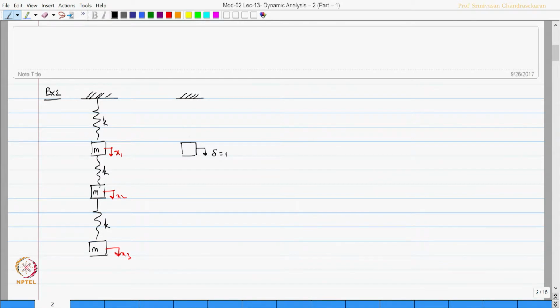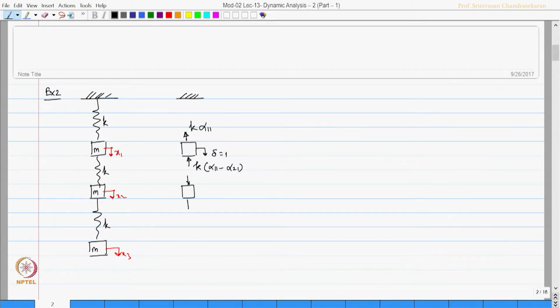So, this is going to be k times alpha 1 1, whereas this spring will oppose with k times alpha 1 1 minus 2 1. We will have the same value, but opposite in direction.